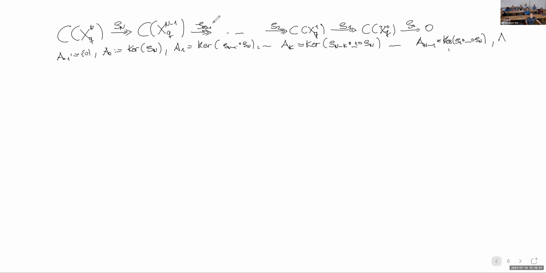And finally, A n is the kernel putting the zero homomorphism, that's the total space, X, U, N. So the filtration of ideals is A minus 1, A0, A1, up to A n minus 1, A n, which is the total space.